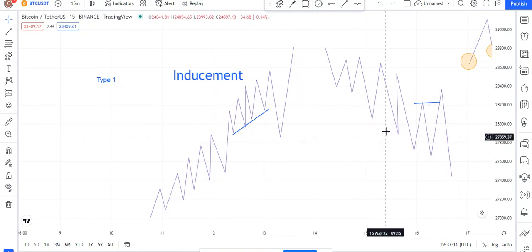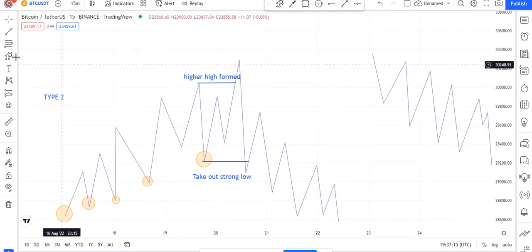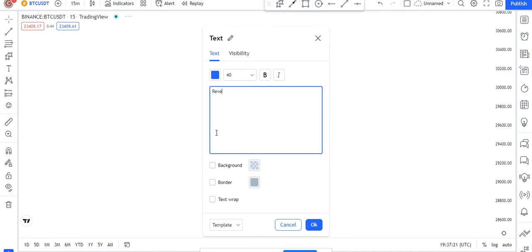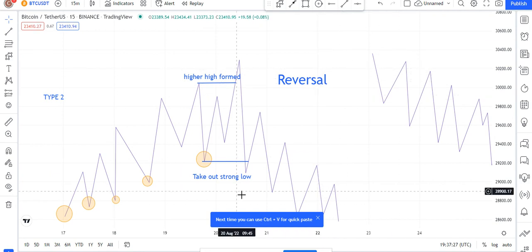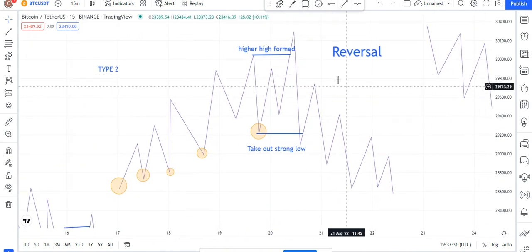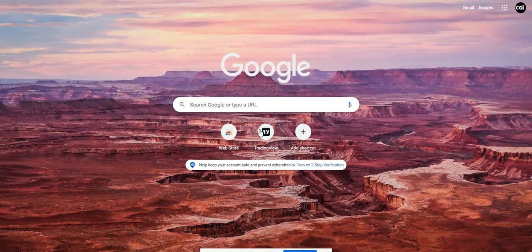So this is called an inducement, and this is a reversal, right? From now on, this case is what we're going to be referring to when we talk about a reversal. An inducement, we'll discuss much later.